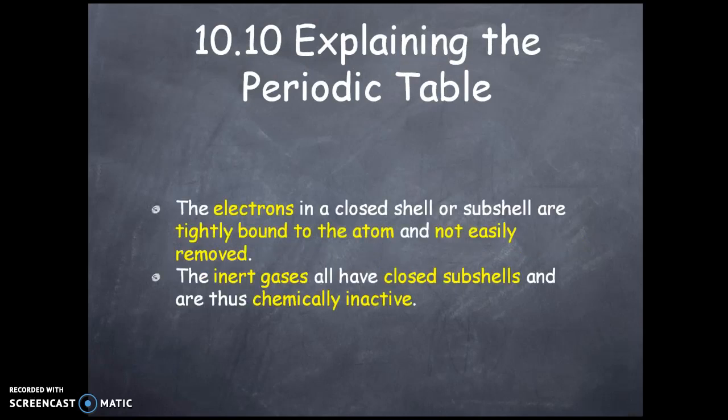The electrons in a closed shell or subshell are tightly bound to the atom and not easily removed. The inert gases all have closed subshells and are chemically inactive. That is the very reason inert gases are inert: they have closed shells or subshells.